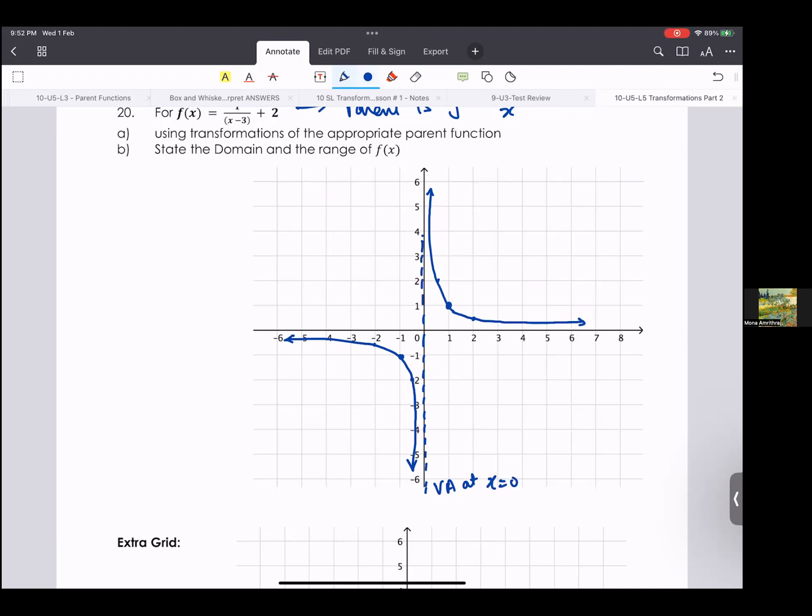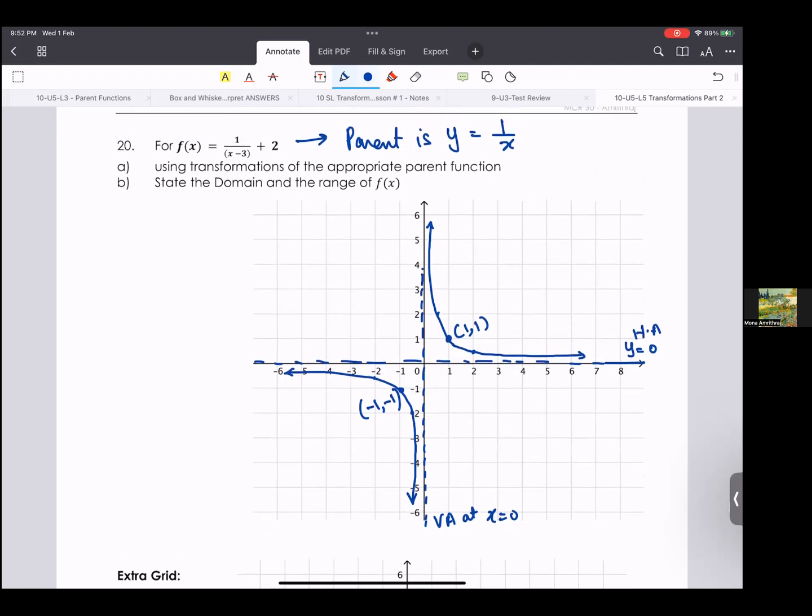The x-axis is called the y equals 0 line. So that's the horizontal asymptote. That's 1, 1, and this is -1, -1. There we go. All we've done is just draw the parent graph.